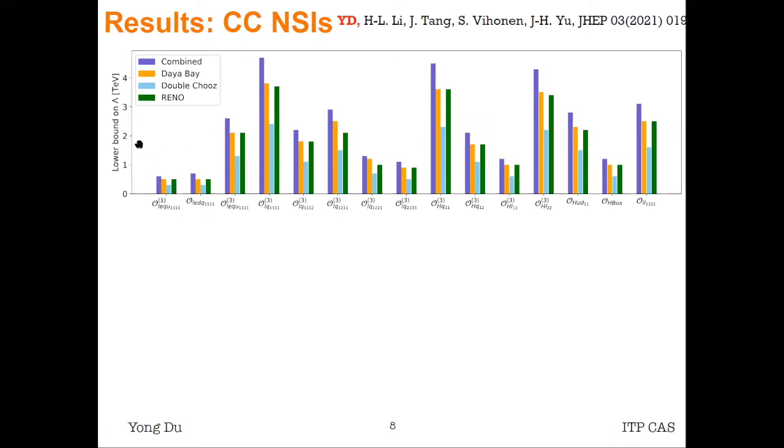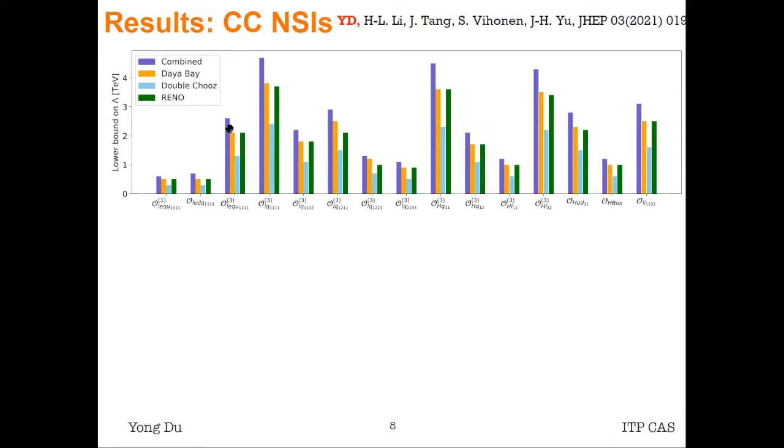Using the current neutrino oscillation data, after performing a scan over all the SNEFT operators, we show our result in this plot, where the y-axis is the scale of new physics in TeV, and the x-axis labels the SNEFT operators. The orange is for Daya Bay, the cyan for Double Chooz, and the green for RENO.